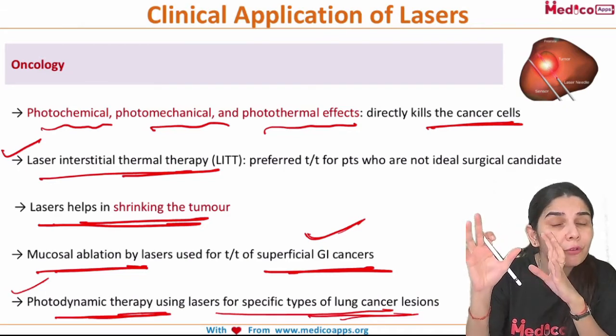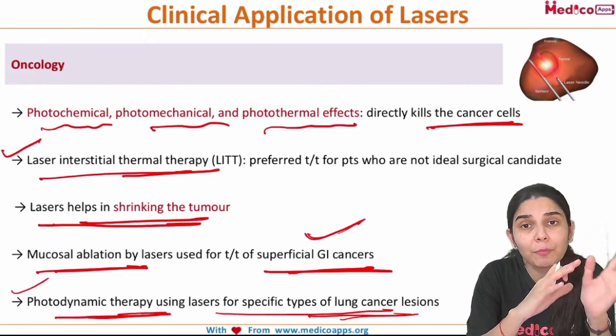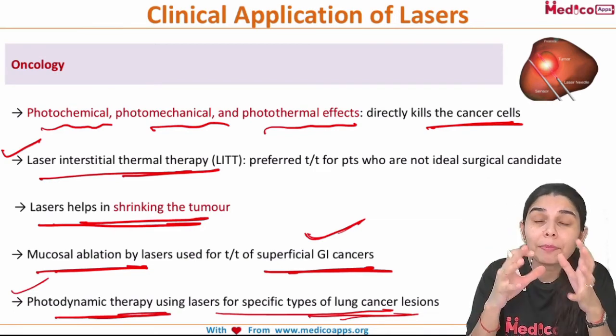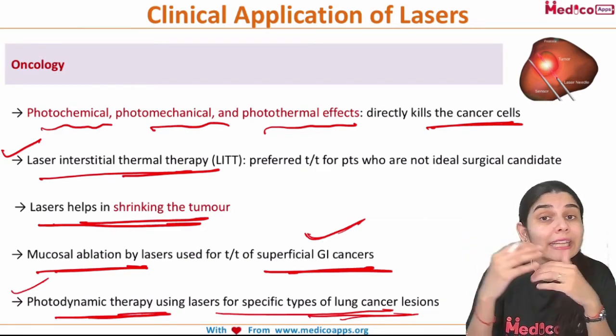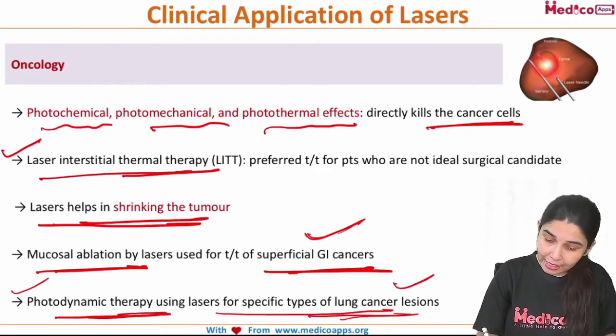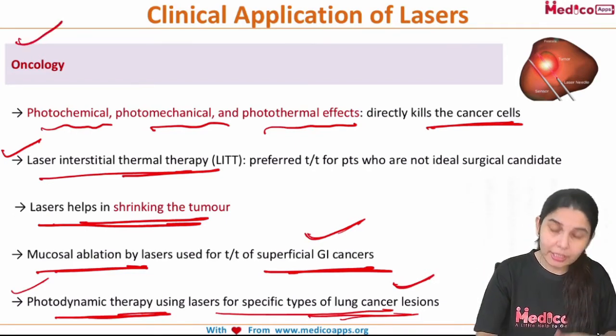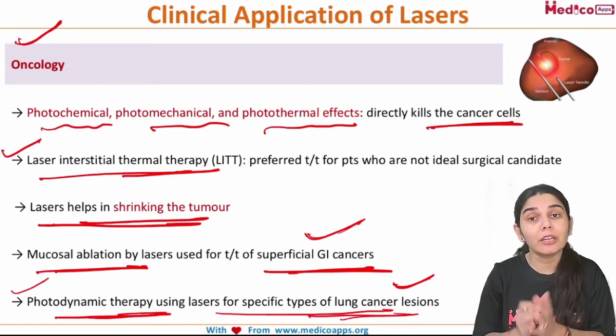When that photosensitizer is exposed to this specific wavelength of light, it produces a form of oxygen that kills the nearby cancer cells. So this is how we use lasers in oncology.